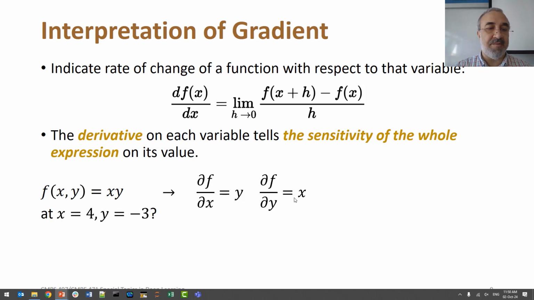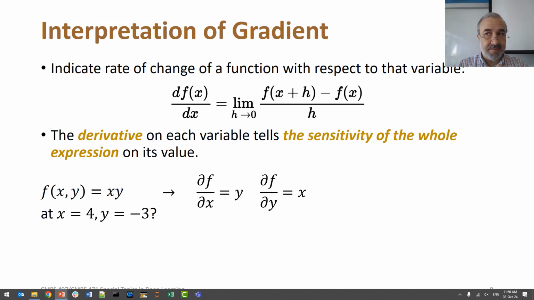Of course, we can compute this value specifically when we have specific values for x and y. So if x is 4 and y is minus 3, then df by dx is minus 3, which means that if we increase x a little bit, then f will decrease by a factor of minus 3.